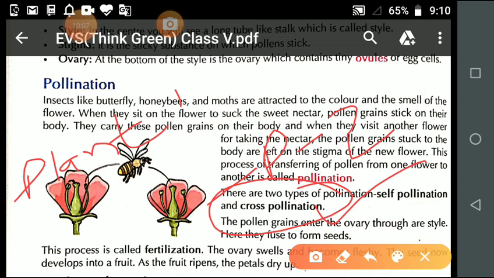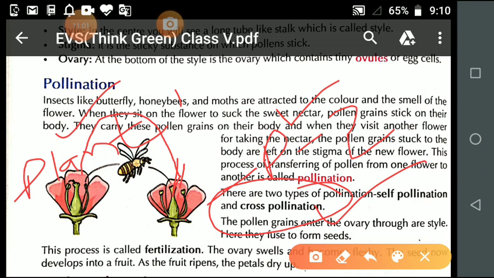For example, this flower is from plant 1 and this flower is from plant 2. Now pollen from the anther of this plant moves to the stigma of plant number 2.